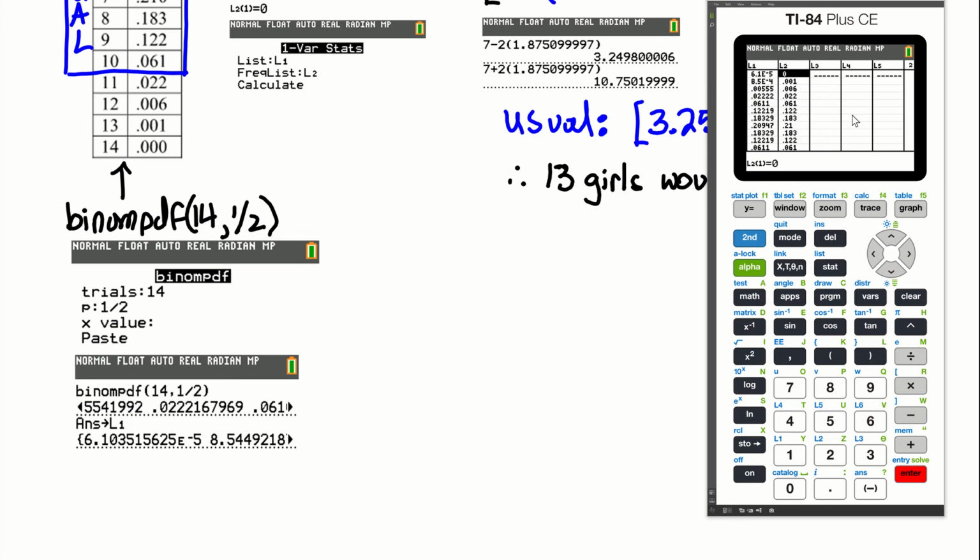Second bars. You said ignore that. Right. Paste that in your home screen, and I have your list. And then you store it. Store to L1, right, and then hit enter.